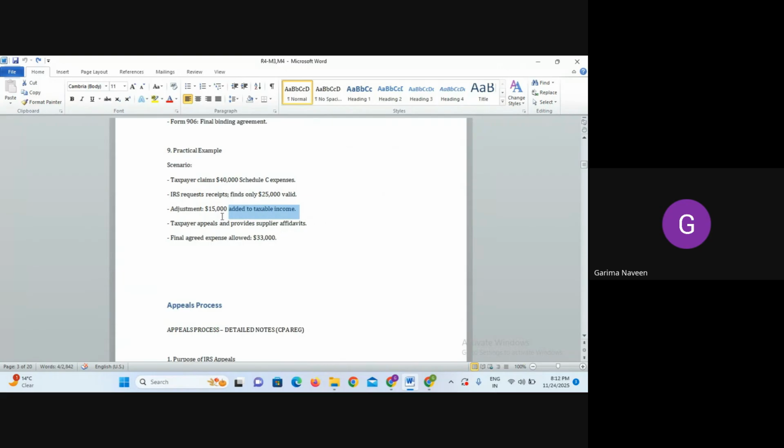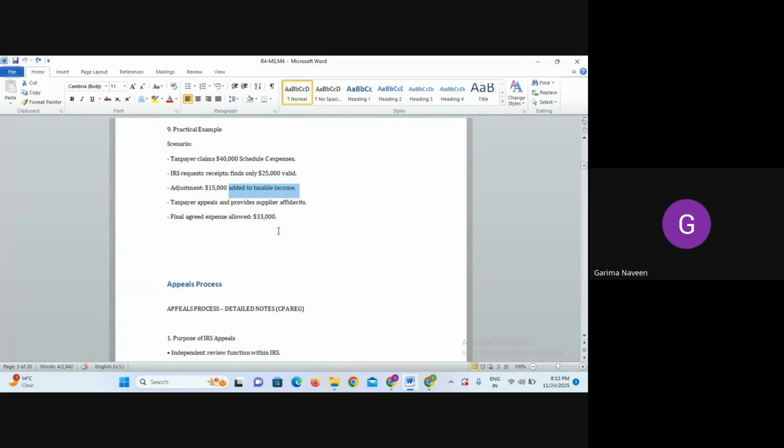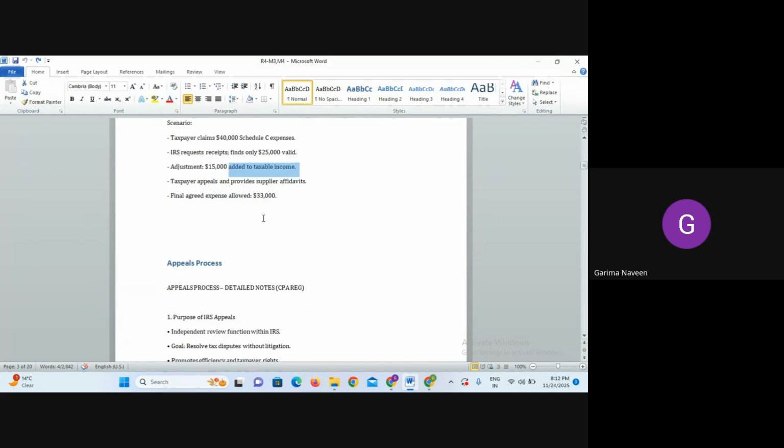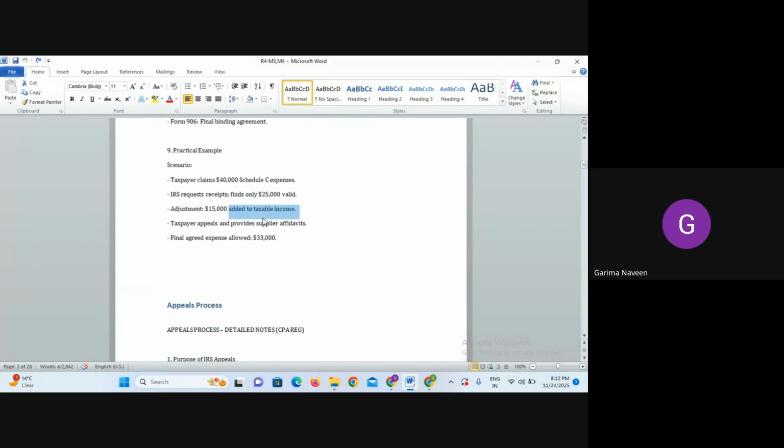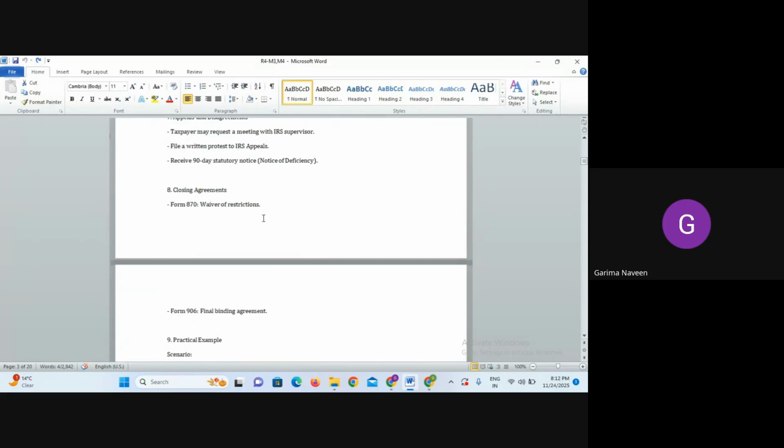And in case you agree with their adjustment, you can do that. But if you do not agree with their adjustment, like if according to you the adjustment you have done is right, then you may appeal to the IRS. You can file a written protest to the IRS appeal.